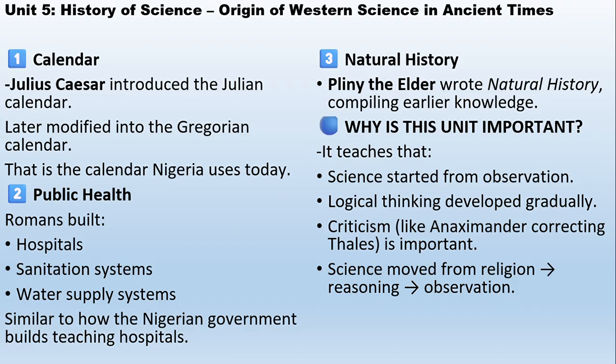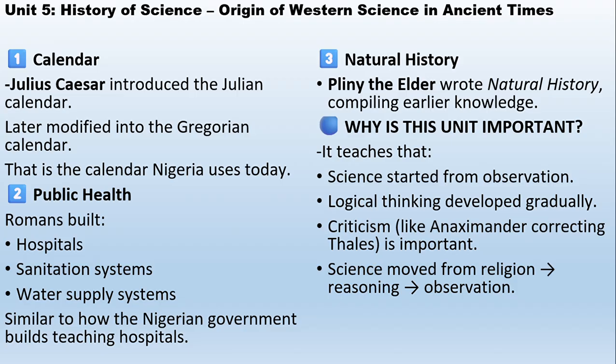Then the third one is natural history. Pliny the Elder is a Roman author. Pliny the Elder wrote Natural History, compiling earlier knowledge. He was able to write about natural history, compiling the knowledge gained from all their history.